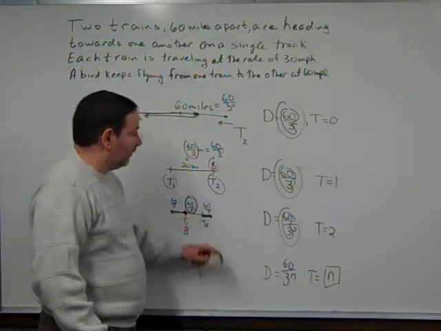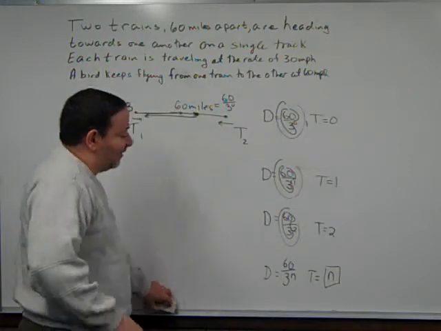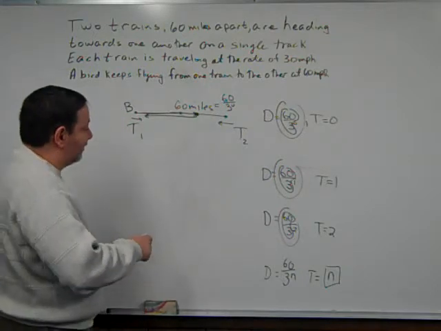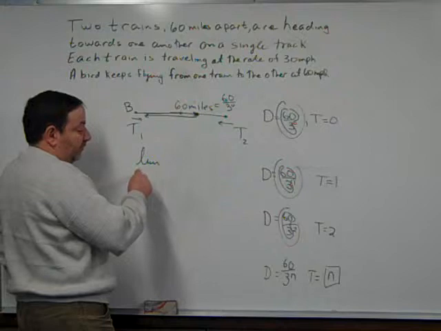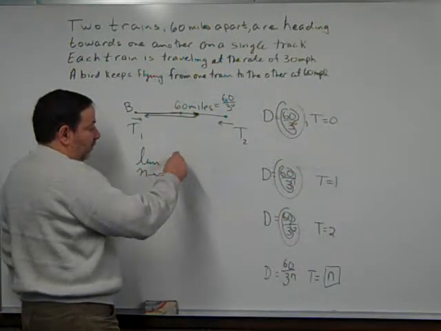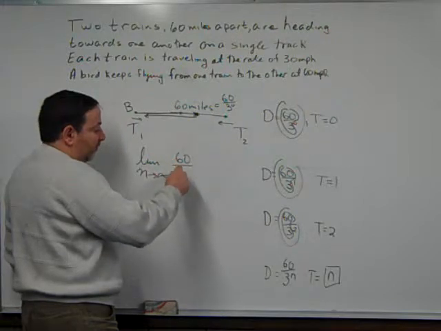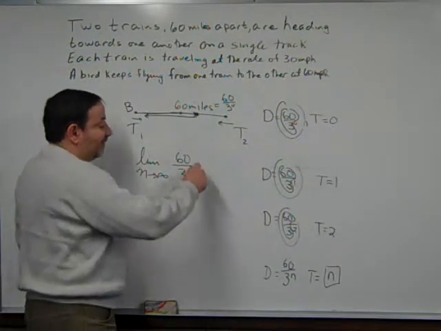Now, we need to know when that distance is going to be 0. And here's an amazing thing. The limit as n approaches infinity of 60 over 3 to the n is 0.